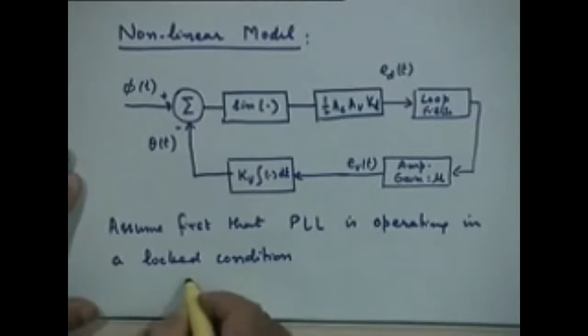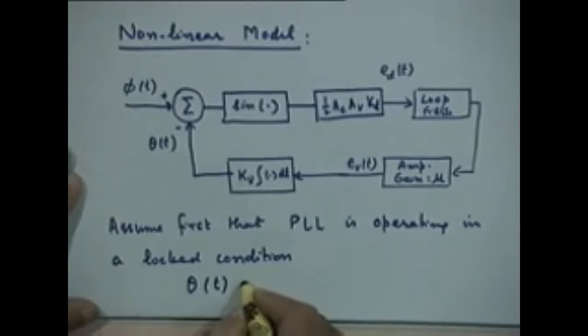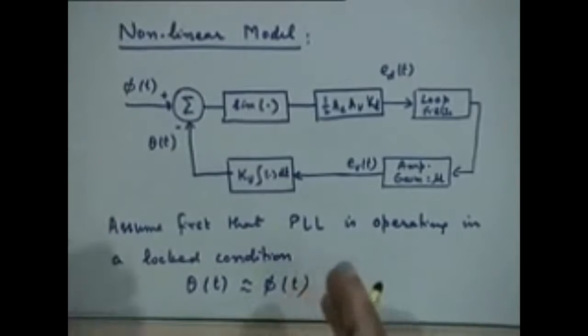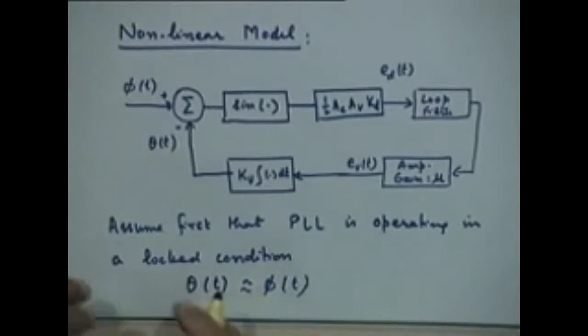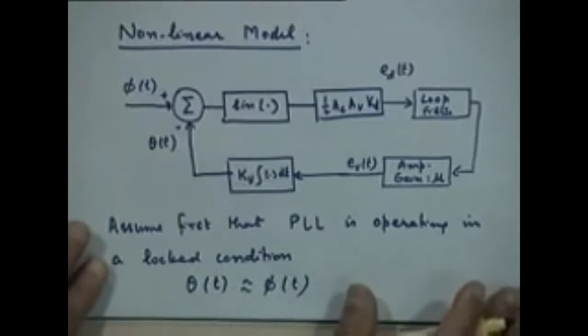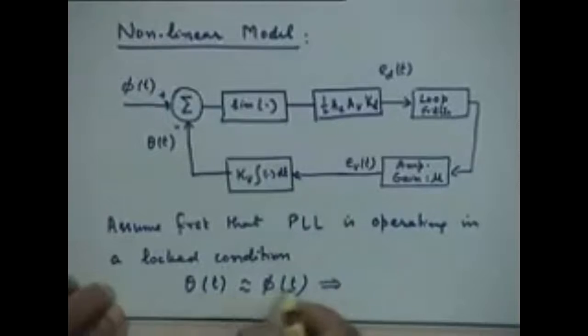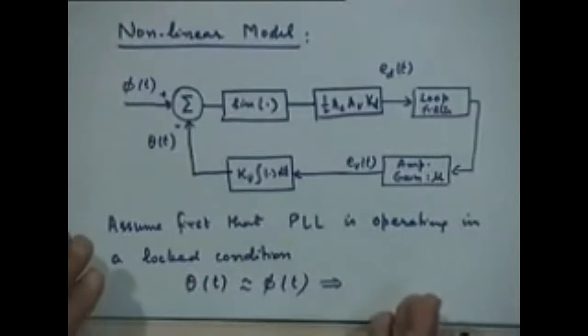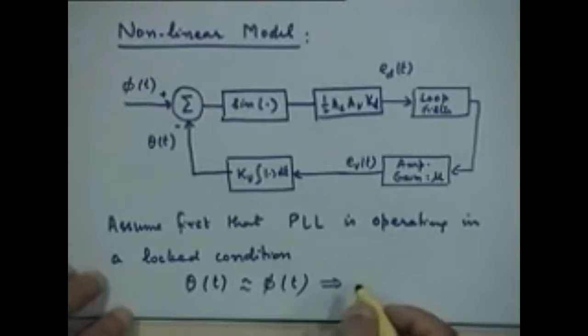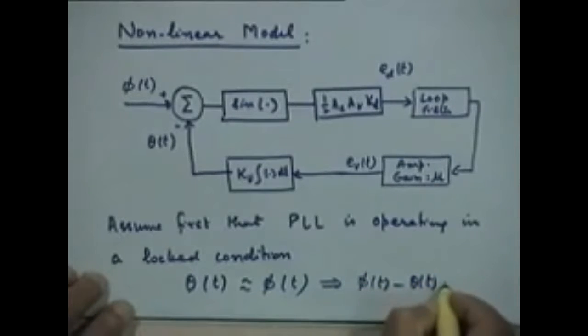This being in a lock condition, what we are trying to say by this is that theta of t is a good estimate of phi of t, right. That is what the lock condition means for us. It may not be exactly the same, but it is a good estimate of the incoming phase phi of t. This will imply in turn that the error between these two, if at all there is a difference, would be small, right. That is the meaning of a lock condition. So, phi of t minus theta of t would be small in the lock condition, right.